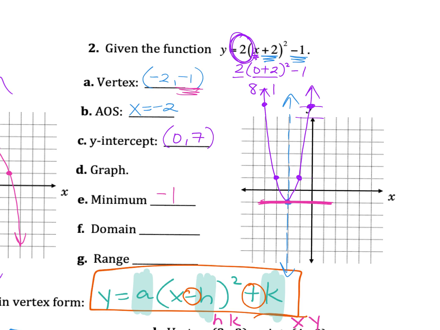So your minimum is -1. What's the domain? 3 points. All real numbers. What's your range? Y is less than, greater than? Greater than or equal to what? The -1. So these 3, you guys, are always the same. Vertex, minimum, range. All the same number. Okay? All right.